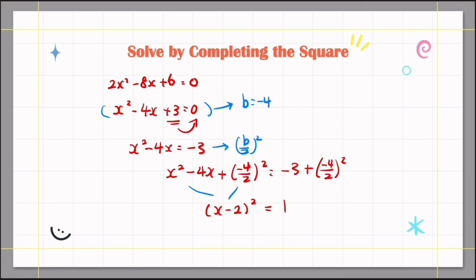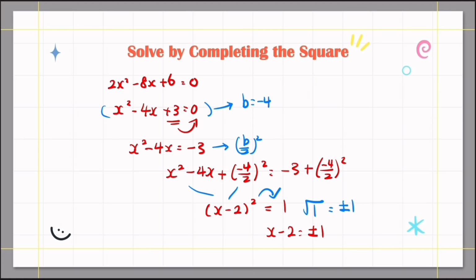Then the next step is to move the square to the other side. From here we get the square root of 1, which equals plus or minus 1. Then we get x minus 2 equals plus or minus 1.